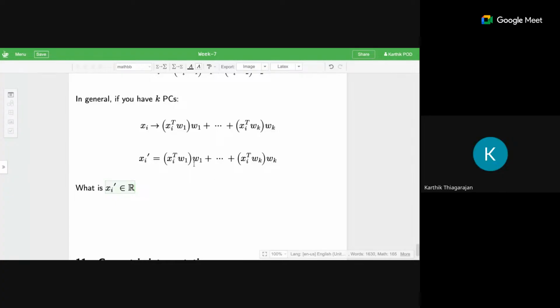It's a linear combination of w1 to wk. w1 to wk are themselves in what space? R^d, right? These are still in R^d, so you have not actually reduced the dimensions as yet. So where is the dimensionality reduction?